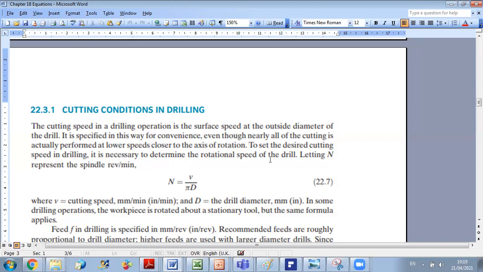If we consider N as the rotational speed of the spindle of the drill in revolutions per minute, we can write its expression as developed previously. N is equal to V over pi D, where V is the linear velocity at the outer periphery of the drill and D is the drill diameter. So we can then find the rotational speed of the drill.